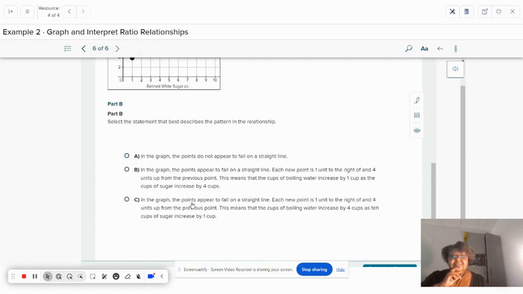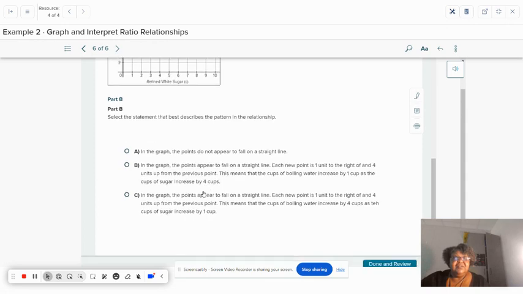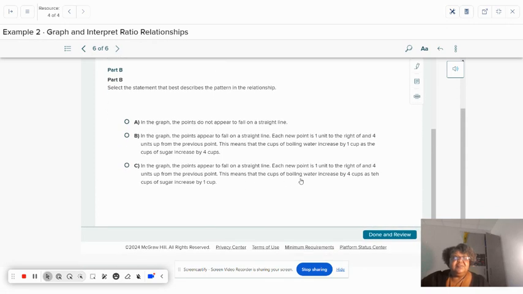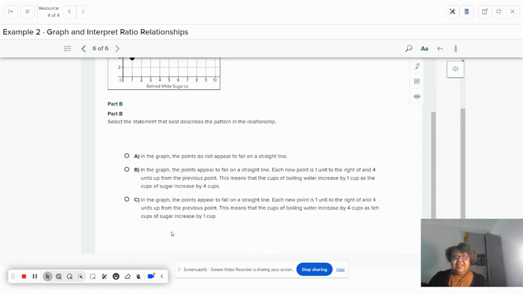And then this one says, in the graph, the points appear to follow a straight line. Each new point is 1 unit to the right and 4 units up from the previous point, and that's true on all of them. 1 to the right, up 4. That's how I graphed it. And this means that the cups of boiling water increase by 4 cups as the cups of sugar increase by 1 cup. So you're going to select one of those, and I'll leave it there for a minute.